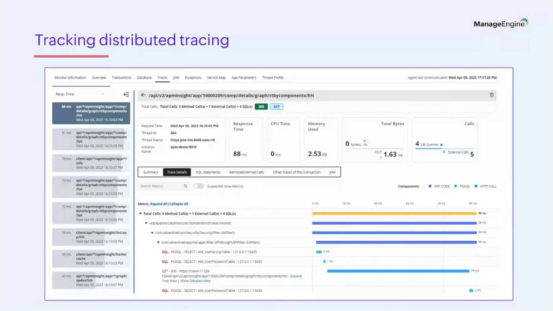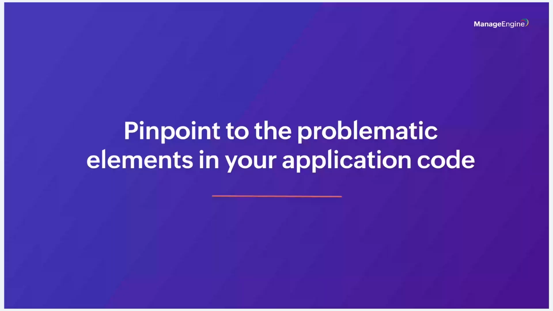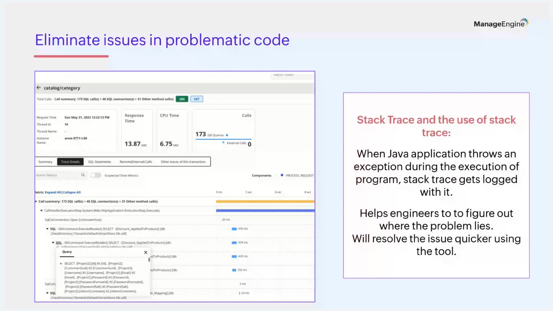As I talked about pinpointing the performance issue, now let's see how to pinpoint the problematic elements in your application code. Let us see the need to eliminate the issues in the problematic code. As you are aware, a stack trace represents the movement of an application during the execution of a program.